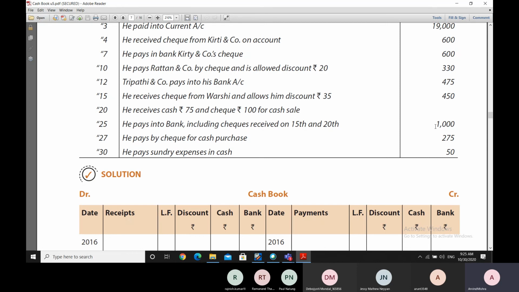Out of these 1,000, 550 is in the form of the two checks which he has received in respect of cash sale and from Vashi, and 450 rupees he has taken out from the cash box, and he has paid that into the bank. So the total amount which he has paid into the bank is 1,000 rupees.